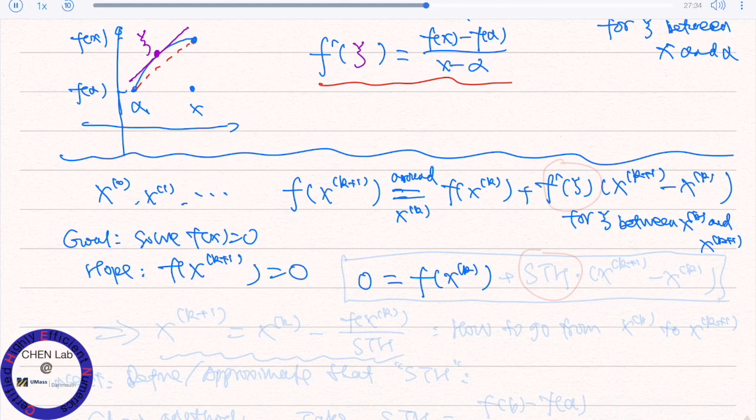So, to put it back in that magic formula we just derived, that's equal to f prime of c. We don't know c, so I'm going to use something to denote it, something times xk plus 1 minus xk.